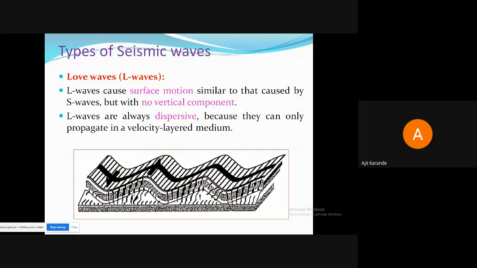Due to this, these waves are called surface waves, because only some portion of the earth crust, the earth surface, moves or deflects in this fashion, and that's why it is called a surface wave.